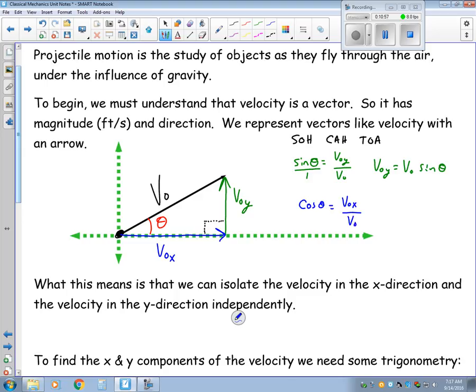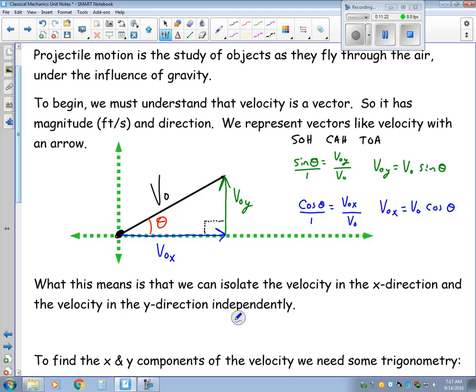Cosine of an angle is adjacent over hypotenuse. So here we see the adjacent is v naught x, and the hypotenuse once again is v naught. So again, I can put a 1 and cross multiply, and that gives me a way to calculate what v naught x would be.